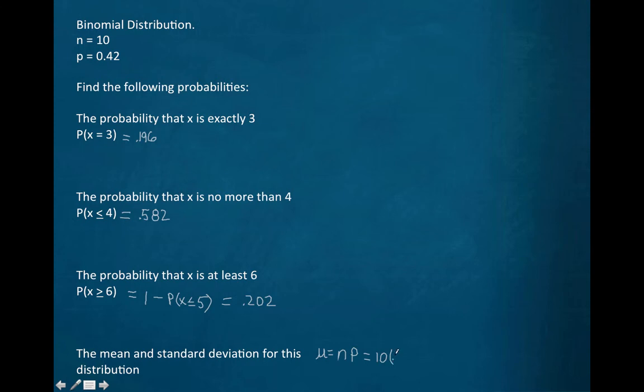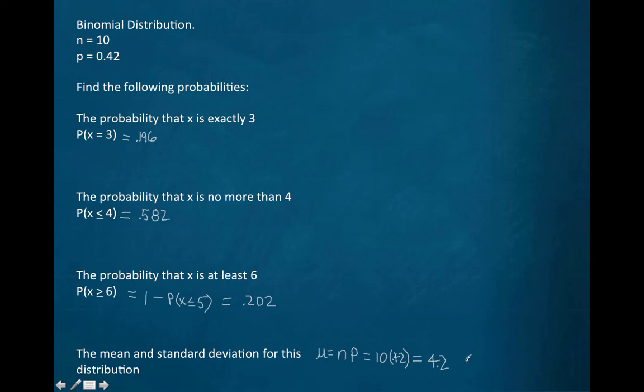And that makes sense. If there is a 0.42 probability that something is going to occur, and we perform that exercise 10 times, then 4.2 out of those 10 times we would expect that we would be successful.